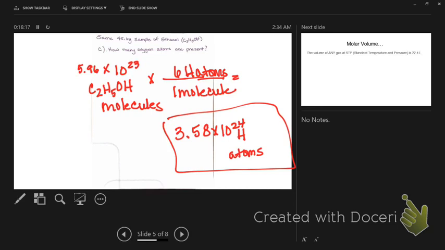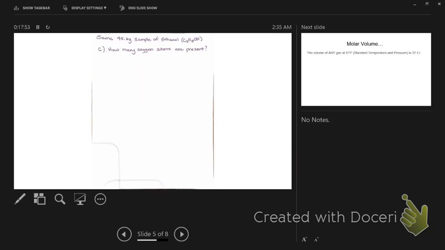All right, part C. Okay, so part C now, if you look, do you see here what I see? How many oxygen atoms? So there is 1 mole of oxygen atoms in every 1 mole of ethanol molecules.